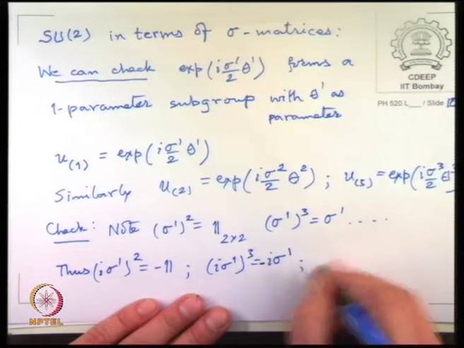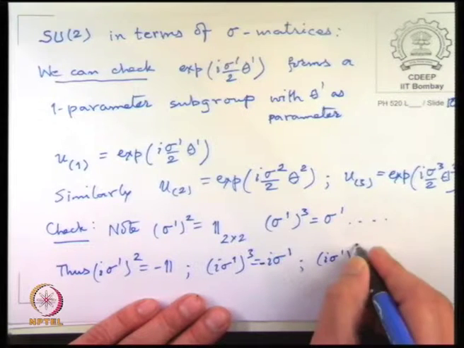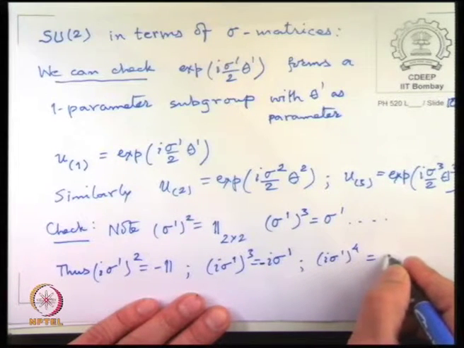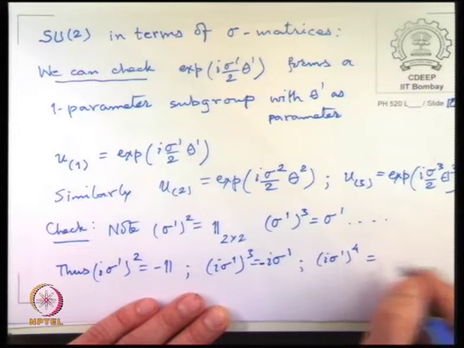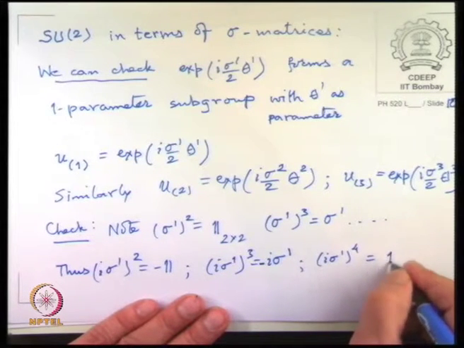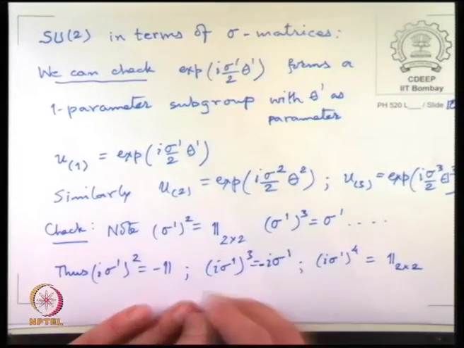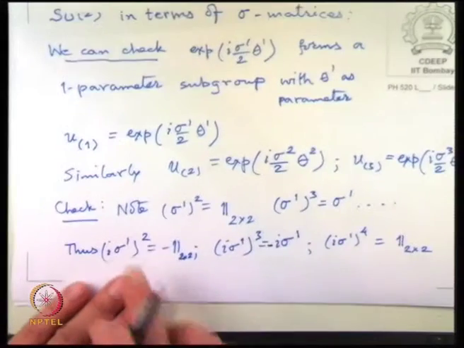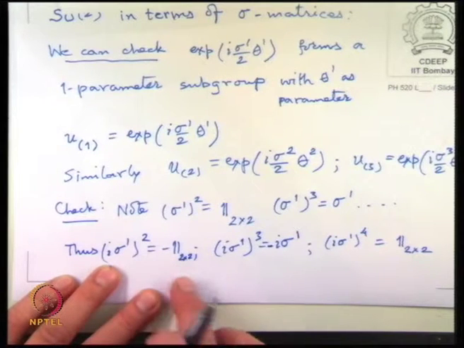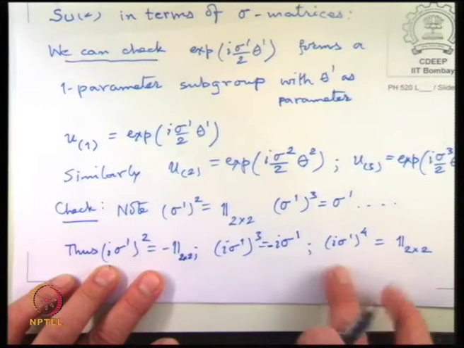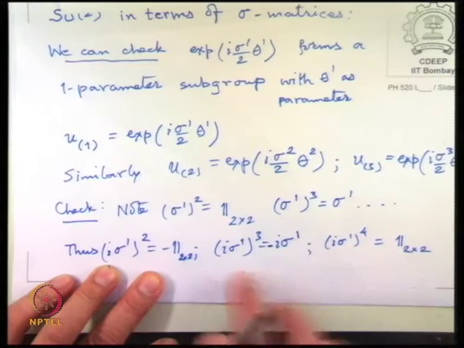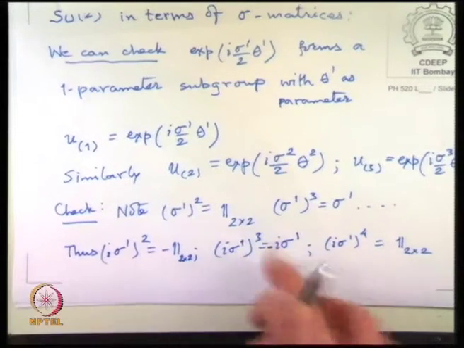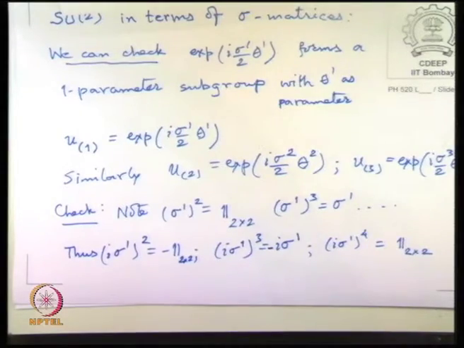And I sigma 1 to the 4th power returns to being 1. So the power 2 gives minus identity and power 4 gives plus identity. The third power gives minus times the original matrix. So this is a cosine and sine series, because it alternates in the even powers and also in the odd powers.